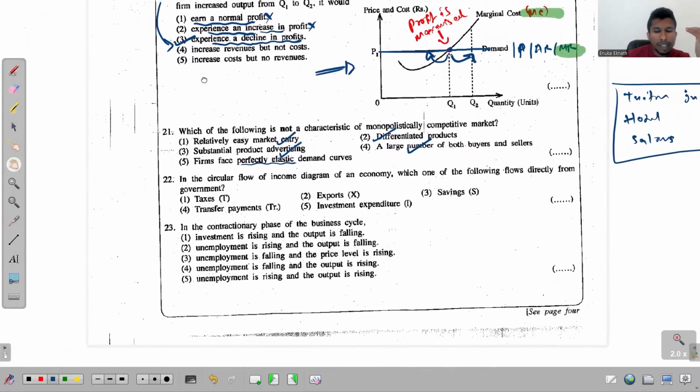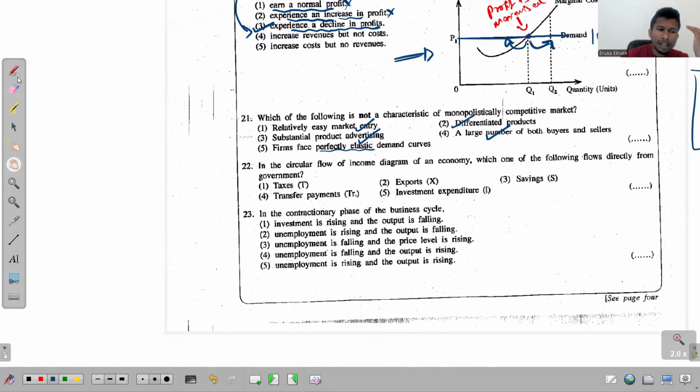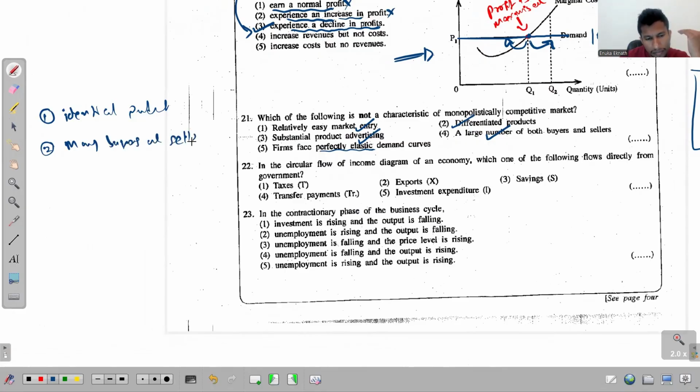Why? Because in perfect competition, there are three main characteristics. They are producing identical products, and we have many buyers and sellers.